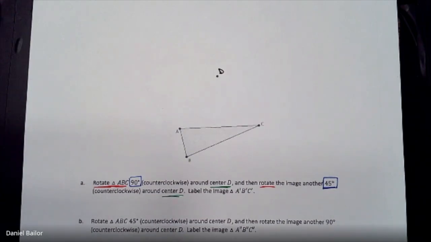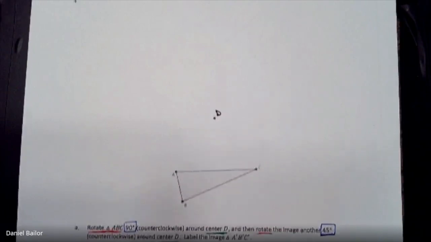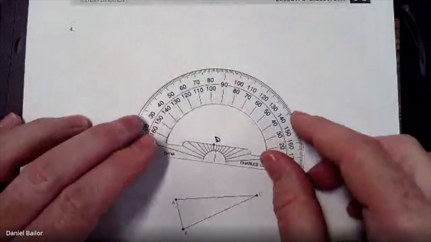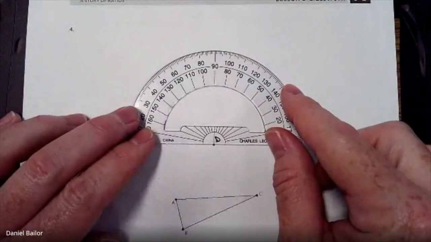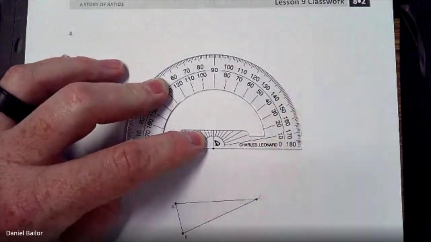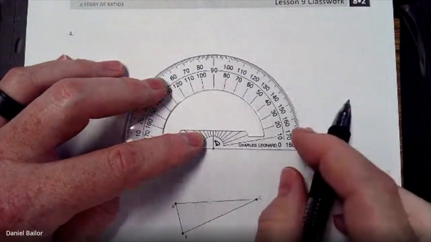To help us with our rotations, it might be useful if we label the degrees around D so that we can know exactly, precisely where we're going to rotate. So again, you can use a protractor. Since we're doing 90 degrees first, let me label 90 degrees.